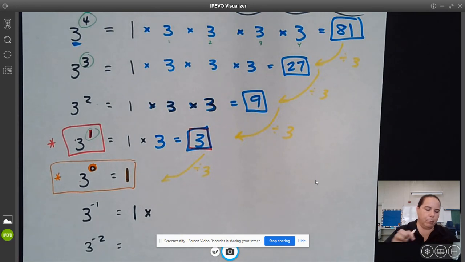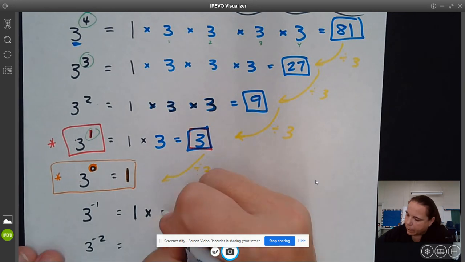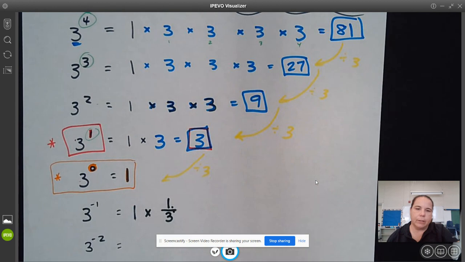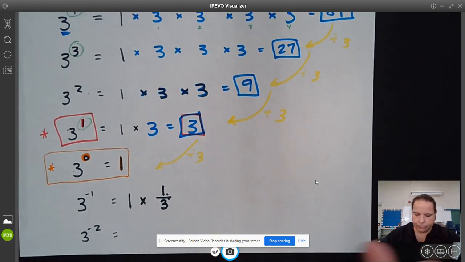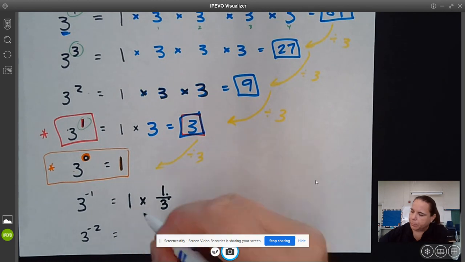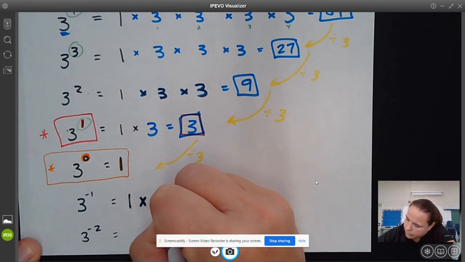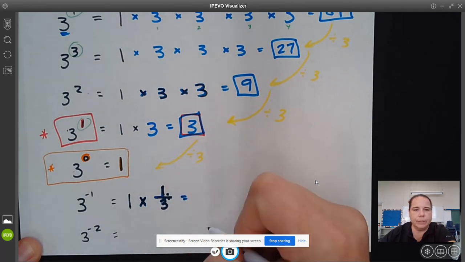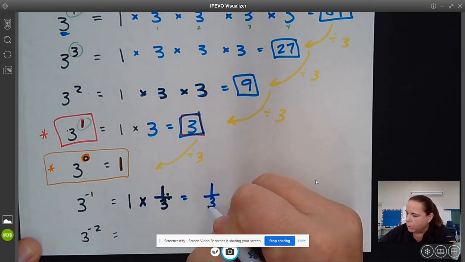Well, remember, fractions are like division. What we can do is multiply by 1 over 3, which is a division. So a negative exponent is repeated division. So this is just 1 over 3.